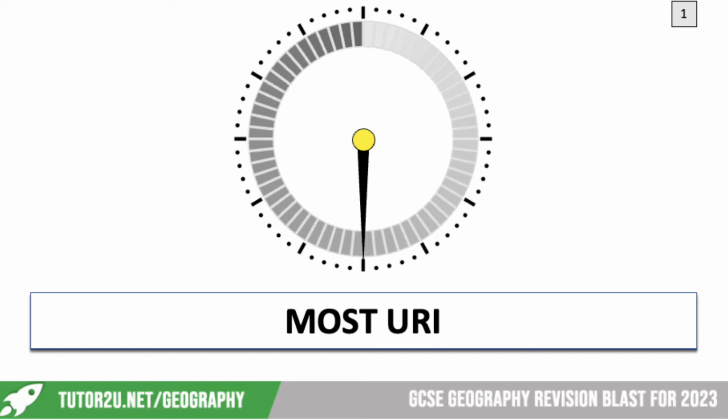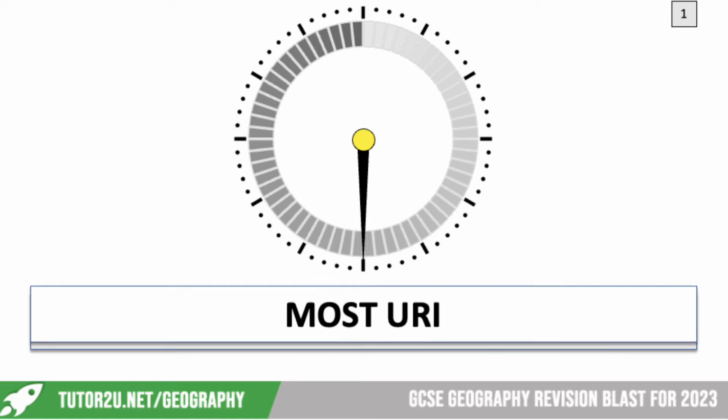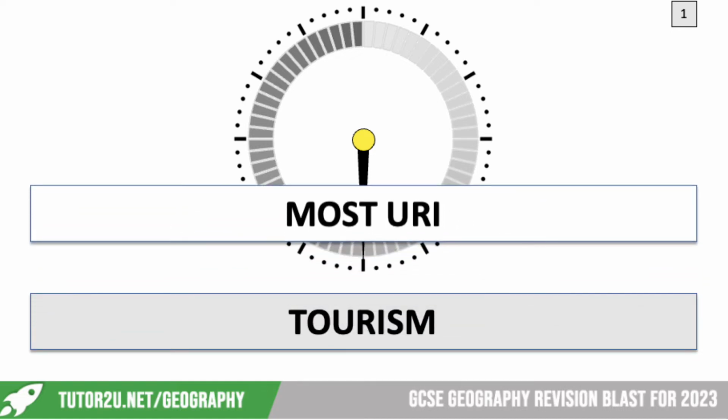So did we manage to get this one correct? Okay, we have tourism. So tourism is really popular in glaciated upland areas.